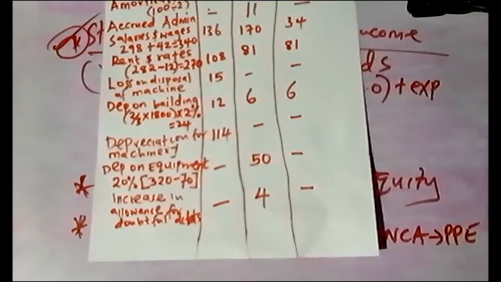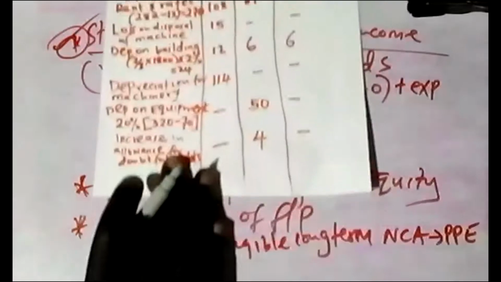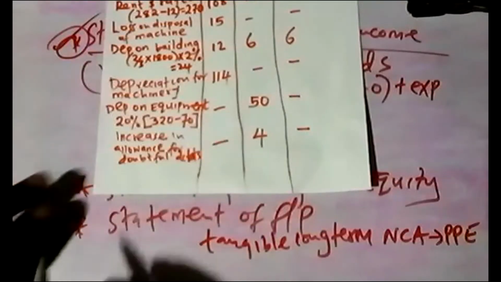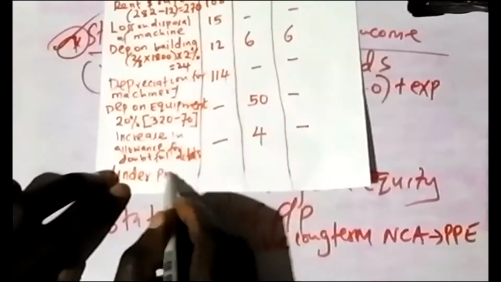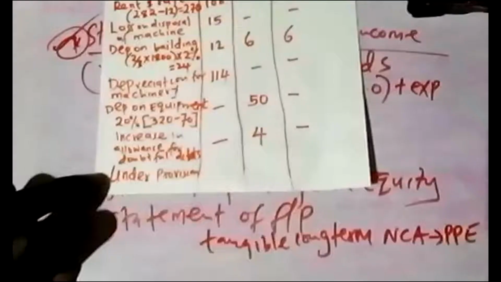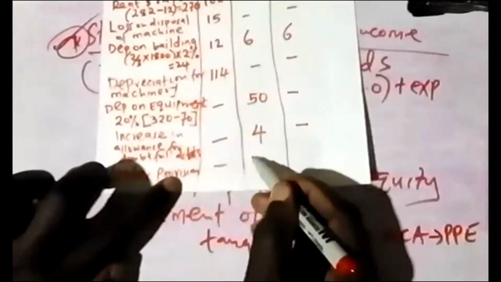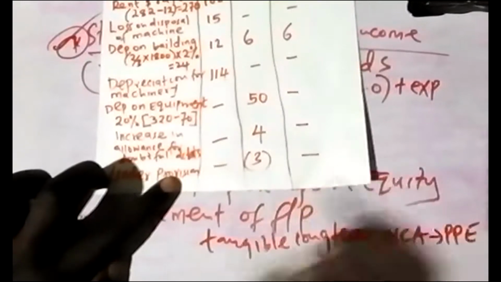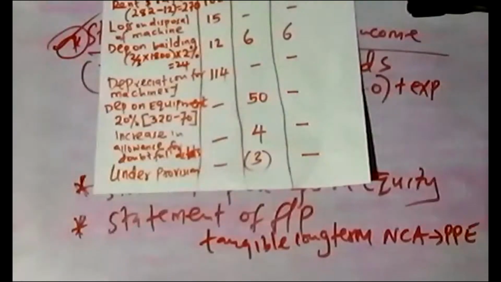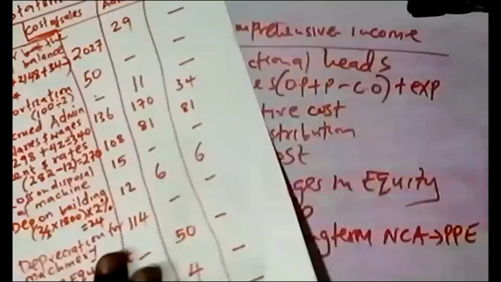So what I will do is subtract the under provision from admin, because it was included there, and add it to the 58, which is the tax. Then we continue on the other side.